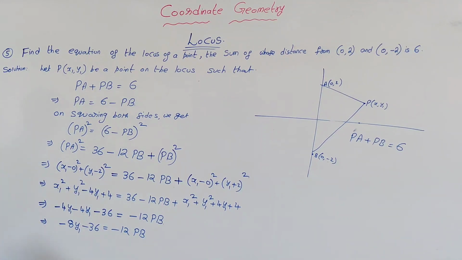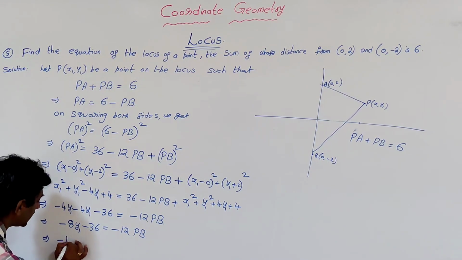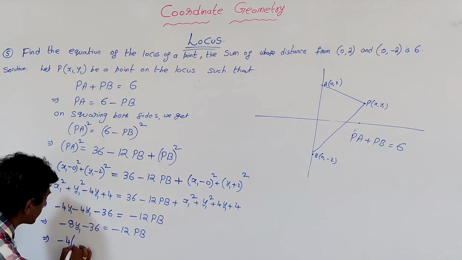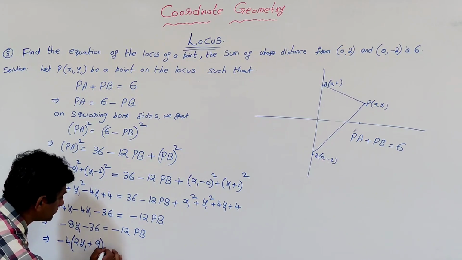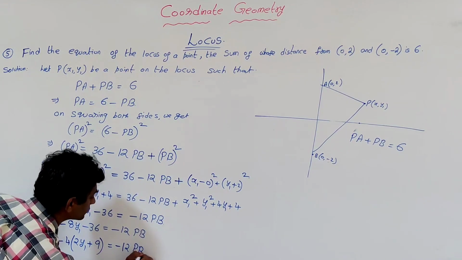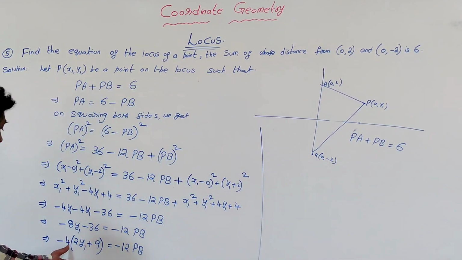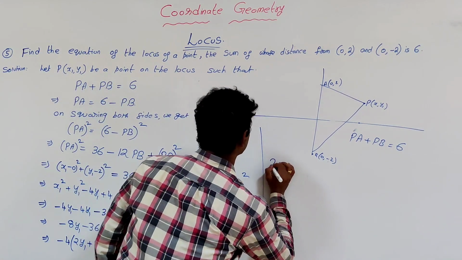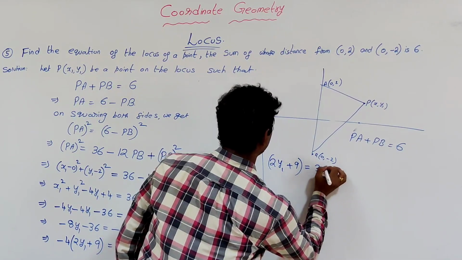So we can take the minus sign as common as well as 4 as common: minus 4 times (2y1 plus 9) is equal to minus 12 PB. So what we can have is 2y1 plus 9 is equal to 3 PB.